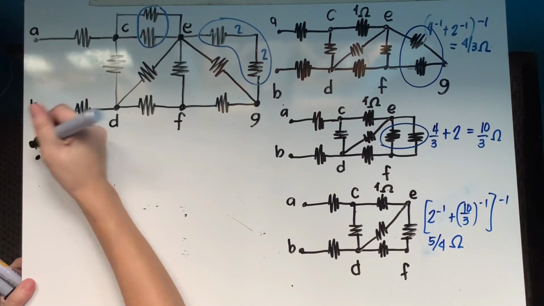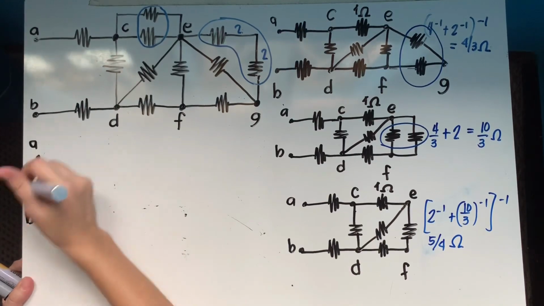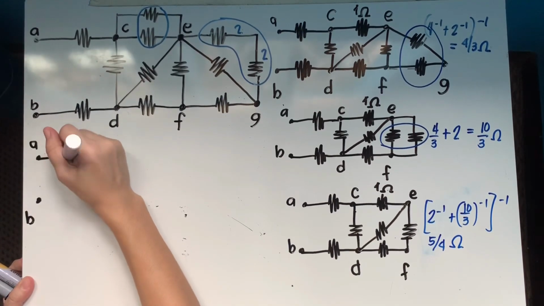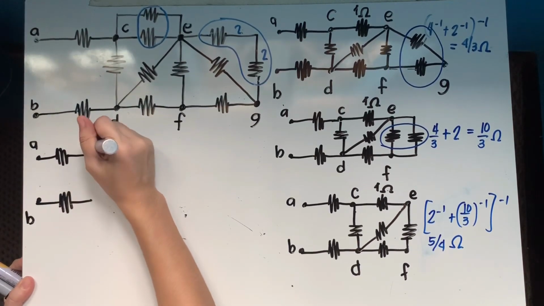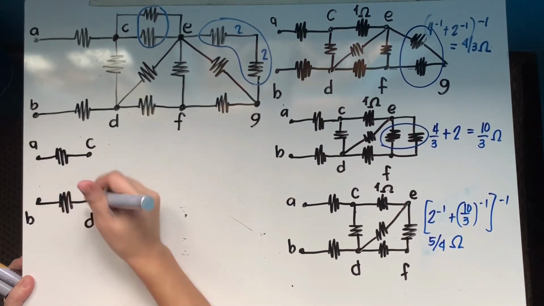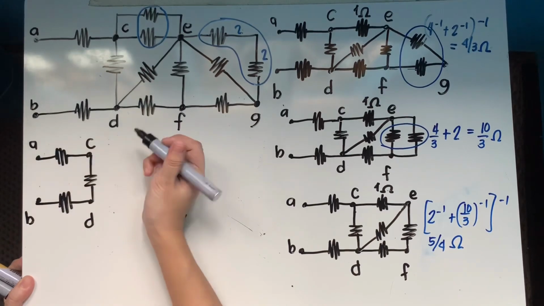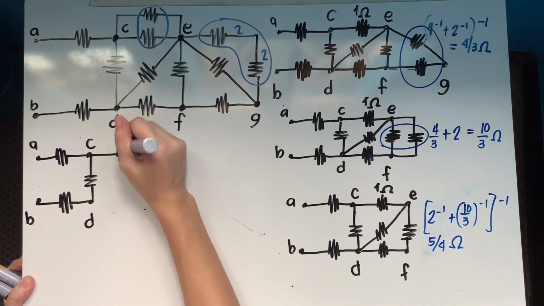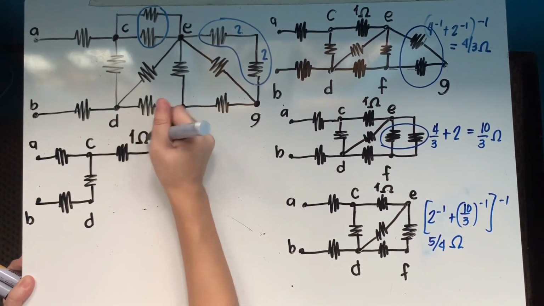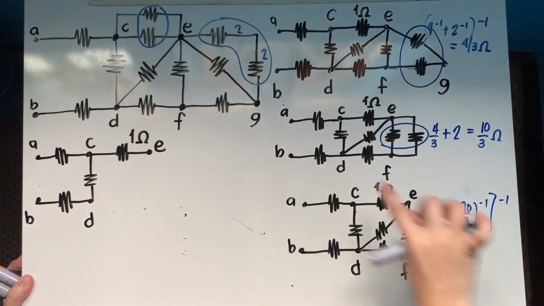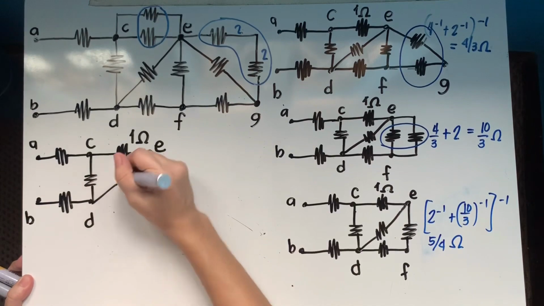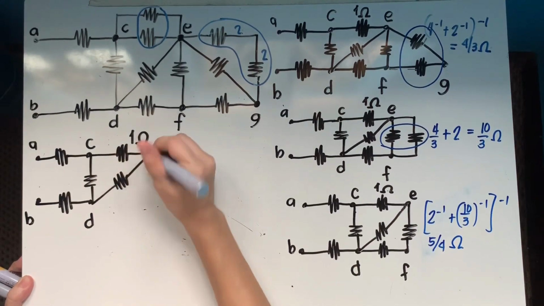Meron tayong terminal A, terminal B, resistor, terminal C, terminal D, in between C and D. Tapos, we still have the 1 ohm resistor between C and E. Tapos, between E and D, meron pa rin tayong diagonal resistor dito.